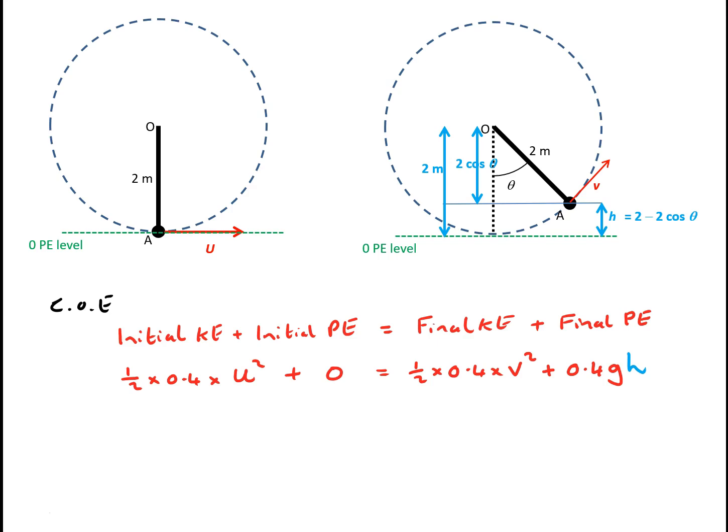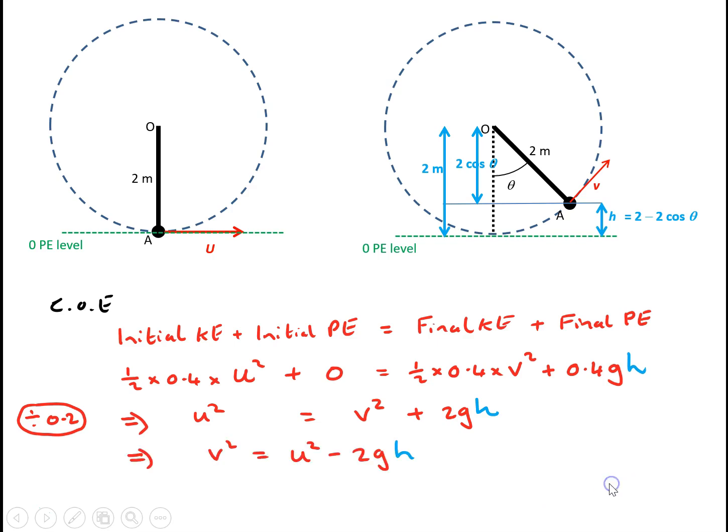So tidying this up a little bit, we've got 0.2 as a common factor all the way across. So if we divide through by 0.2, we get u squared equals v squared plus 2gh. Rearranging this to make v squared the subject of the formula, we obtain v squared equals u squared minus 2gh, or v squared equals u squared minus 19.6 times by 2 minus 2 cos theta.